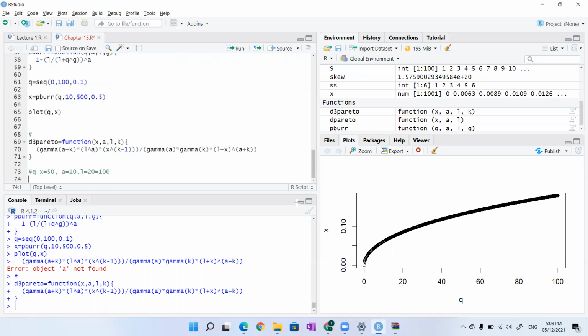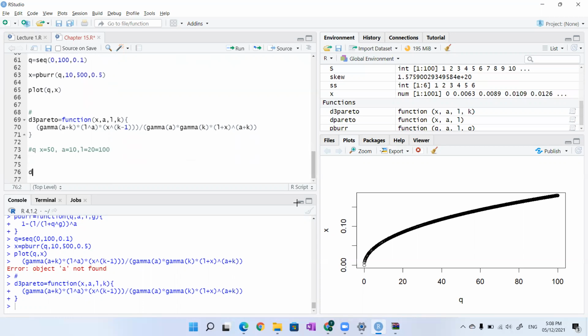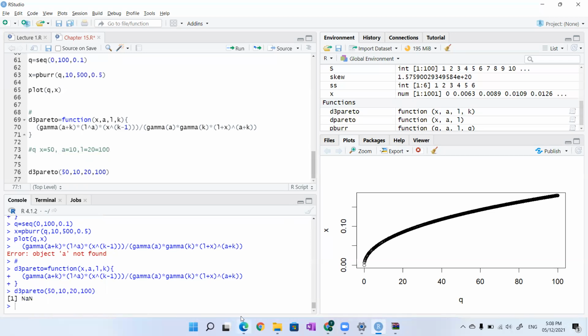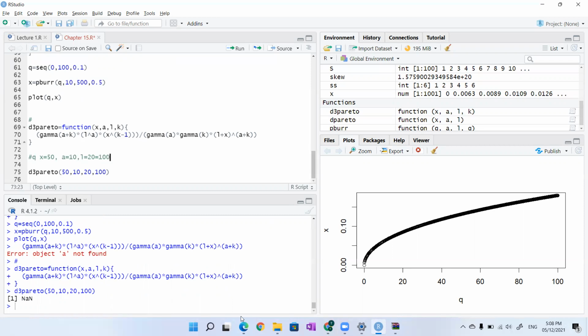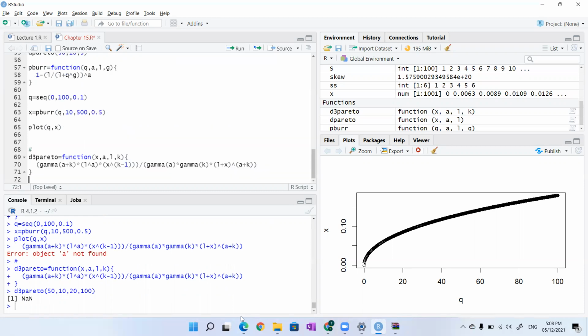Something has been given, but this is just my thinking, so I'm just checking it out. x is 50, 10, 20, 100. We must have taken a wrong number. Okay, it was an example, just drop the example because I'm not sure what the answer should come out to be.